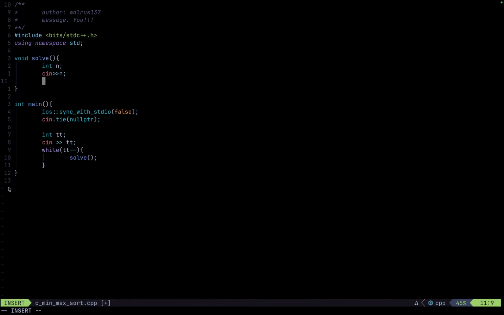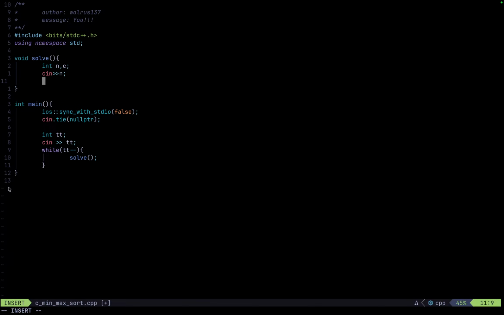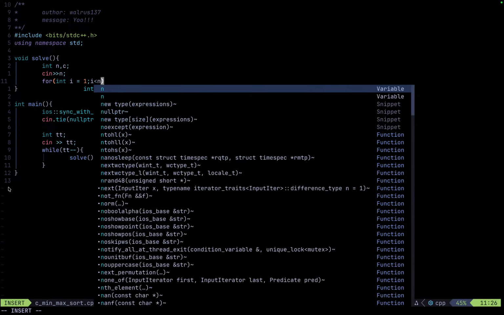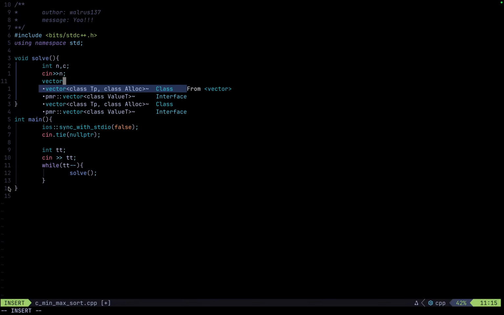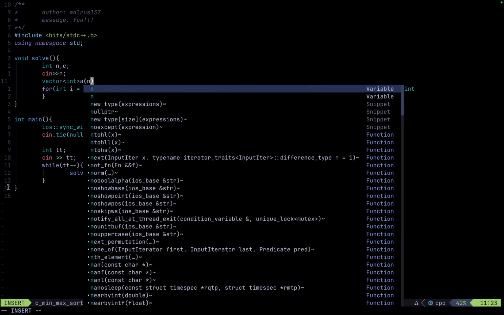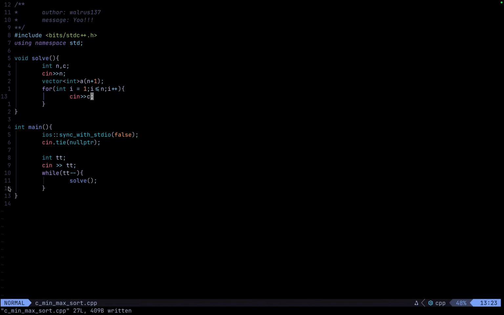Int n, and for int i equals 1, i smaller than or equal to n, i plus plus, cin the number c. Here we have that the number c is at index i.